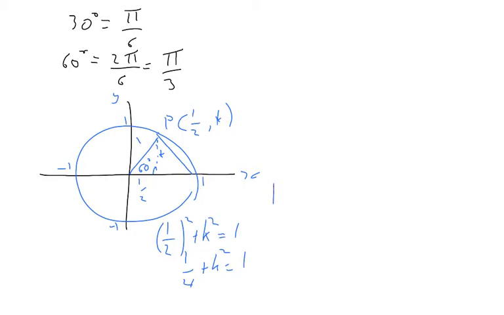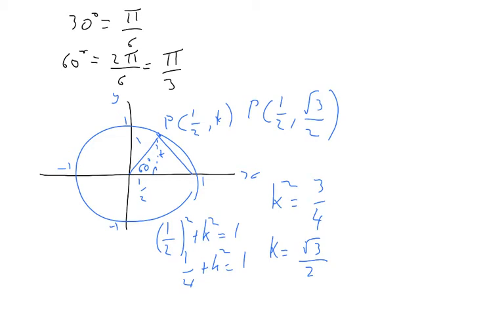So K squared will equal, now we're going to take the quarter onto the other side, 3/4. So K equals root 3 over 2. So that means that P coordinate is a half, root 3 over 2.